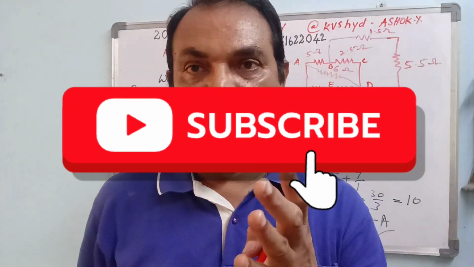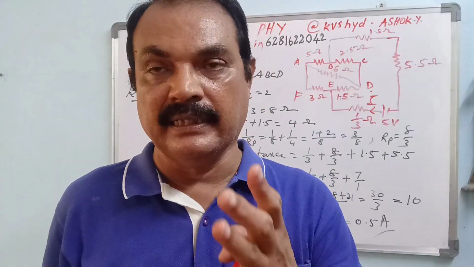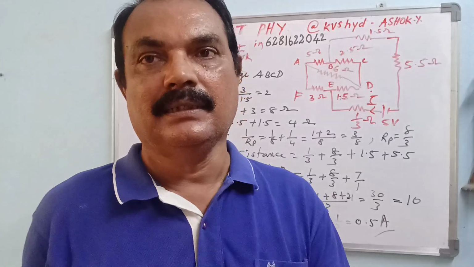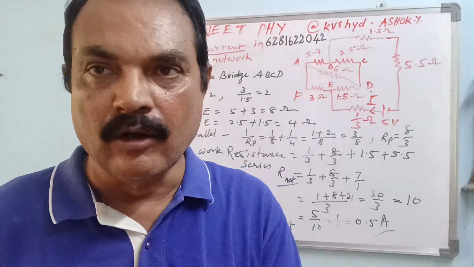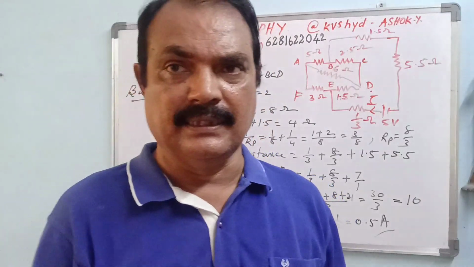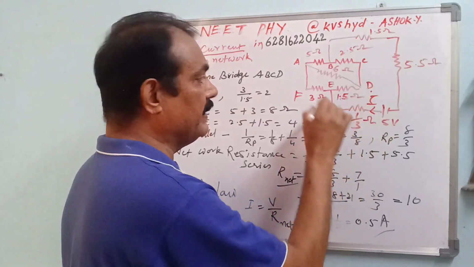It has 4 resistors connected in a quadrilateral form. On one diagonal a battery is connected, on the other diagonal a galvanometer is connected. You have already learned all that in current electricity, right? And there is also series and parallel, so it is complicated.